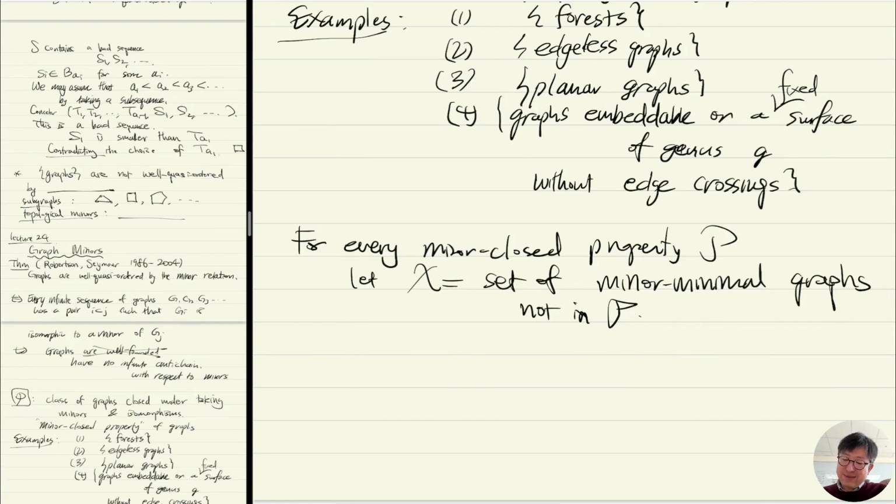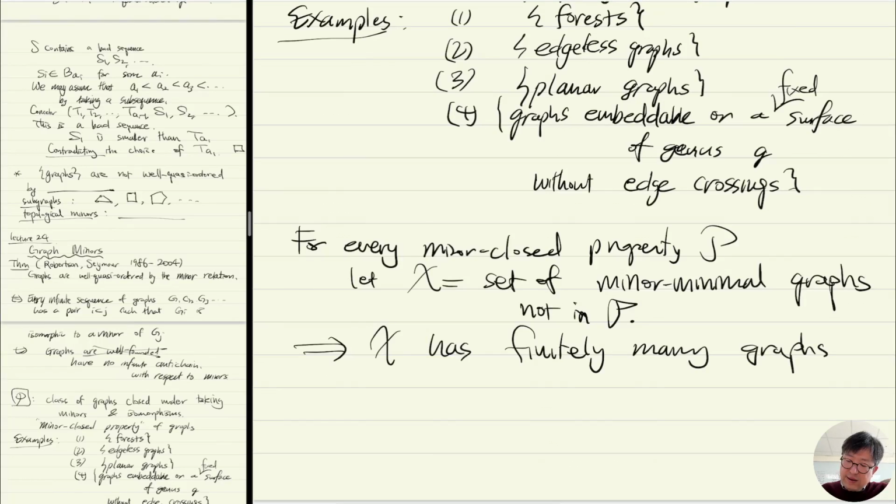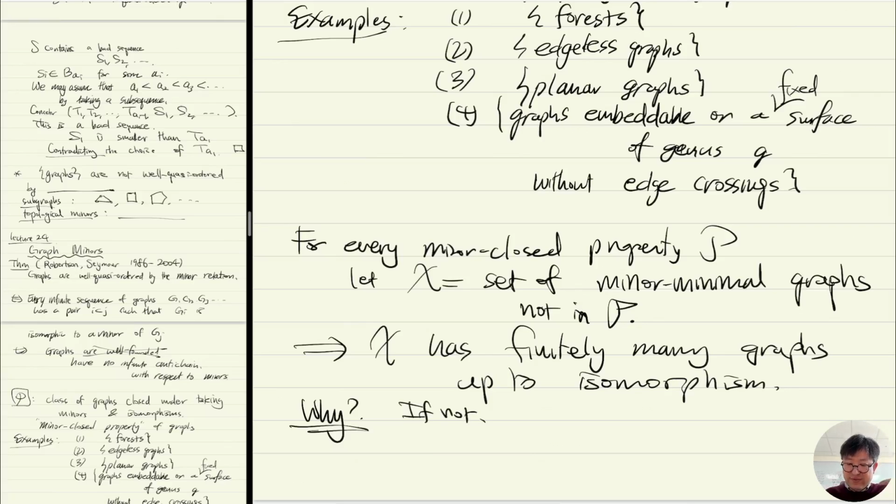Okay, so let me say it this way. Then we claim that X has finitely many graphs up to isomorphism. So when you count isomorphic graphs as the same graph, then you only have finitely many graphs. Why? If not, what's wrong?